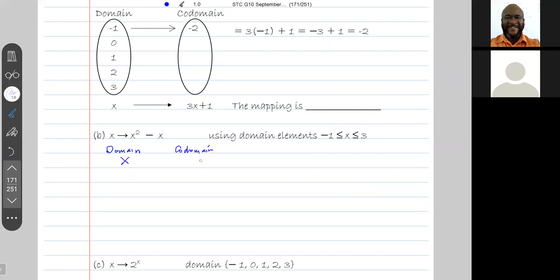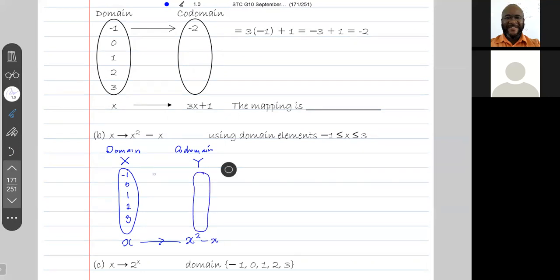Let's say this is x and this is y. And my values of x are -1, 0, 1, 2, 3. X in the domain is mapped to x squared minus x in the codomain.